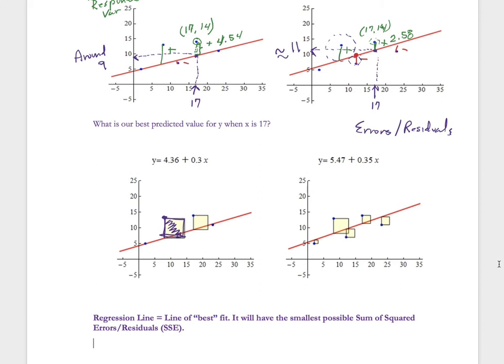So the one of these lines that fits the data better would be the line that has the smaller sum of squared residuals, the smaller sum of areas of those boxes. I actually think it's still a little bit difficult to tell, even from that visual representation of the squared areas, which line fits better. But we're going to move on to take a look at the one line that fits best, and neither one of these is it.